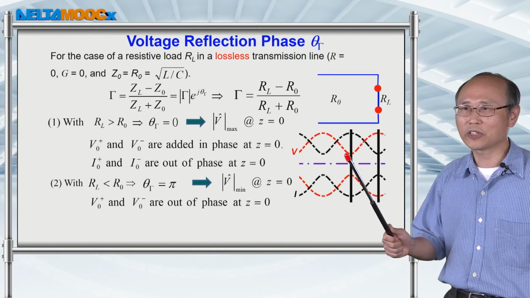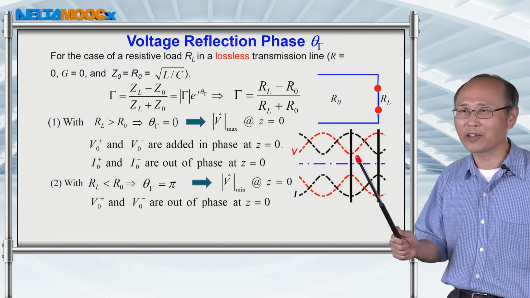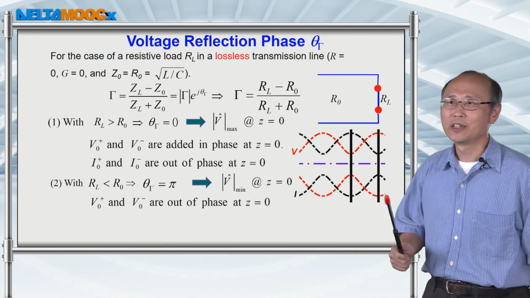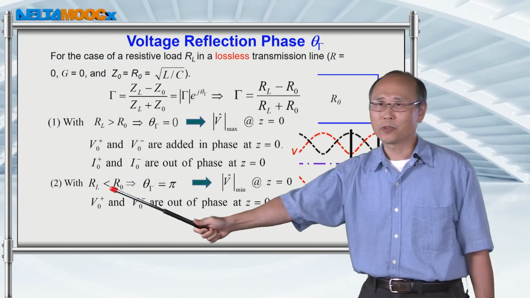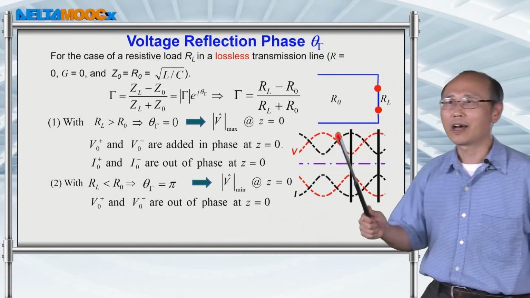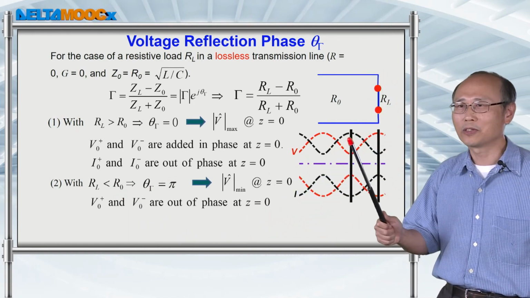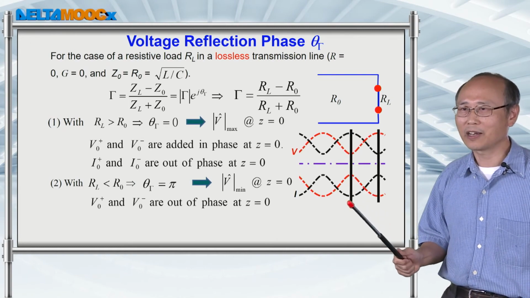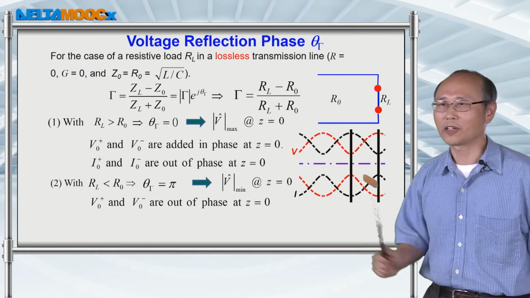But we just said that whenever you have a minimum value for your voltage, you will have a maximum value for your current. So for this case, with the load resistance less than your characteristic impedance, right at this point, your standing wave pattern is going to start from this line and in this direction.